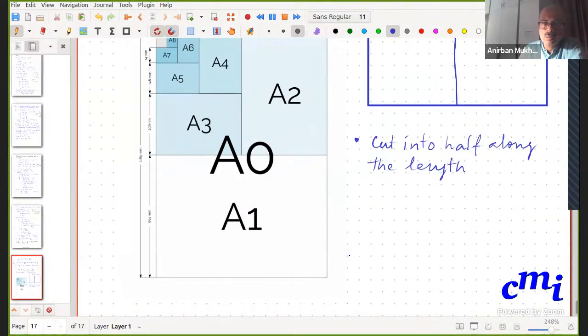This is what we are going to do, and what we want is that the ratio of sides should remain the same.